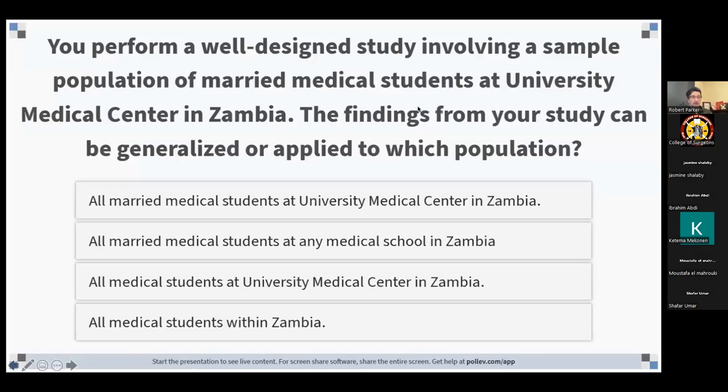All married medical students at University Medical Center in Zambia, all married medical students at any medical school in Zambia, all medical students at University Center in Zambia, or all medical students within Zambia. All right, so a couple more seconds. Good. All right, we're locked. Let's see what we have.